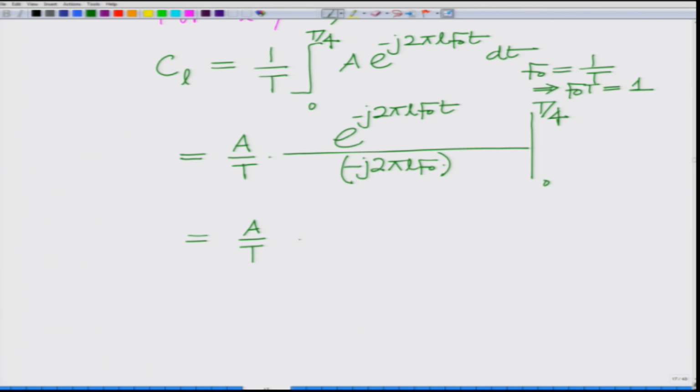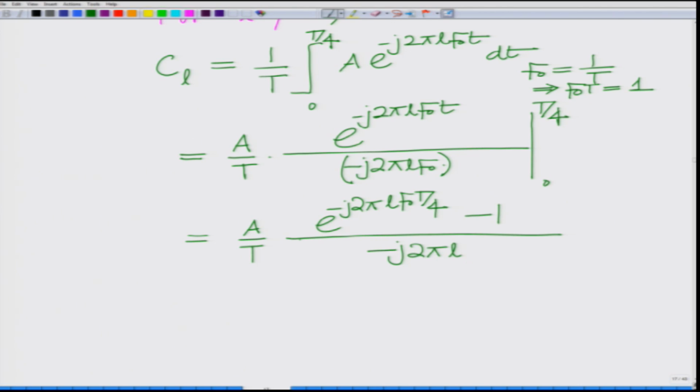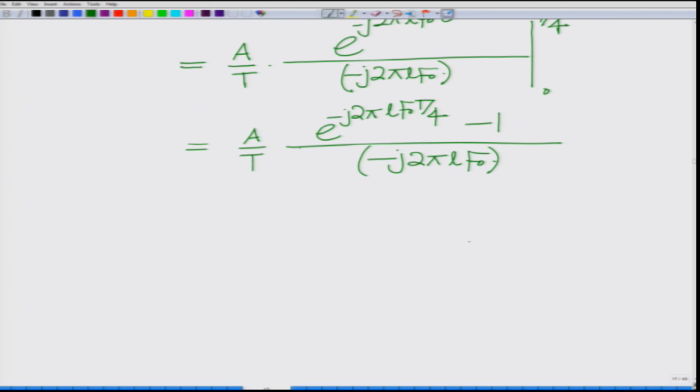So, this is A over T, substituting this, it is e to the power of minus j 2 pi L f naught, let us substitute T by 4, e to the power of minus j 2 pi L f naught T by 4 minus 1, over minus j 2 pi L f naught. Now, we know f naught T equals 1.